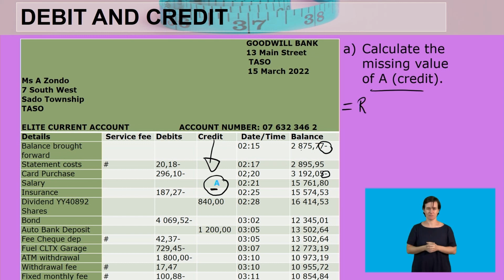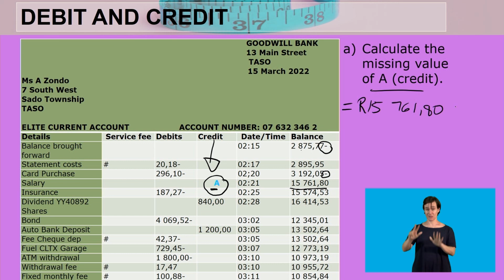We don't know how much was deposited, but this person now has a balance of 15,761 Rand 80 cents. So we need to find how much was deposited. As soon as that amount was deposited, the bank automatically took out their money, which was owed by this person.